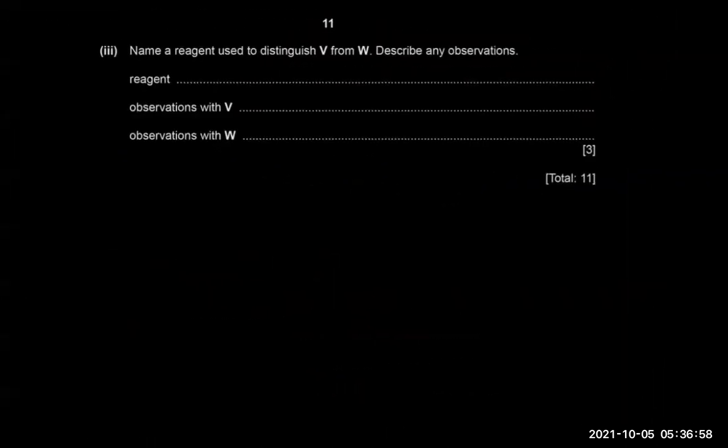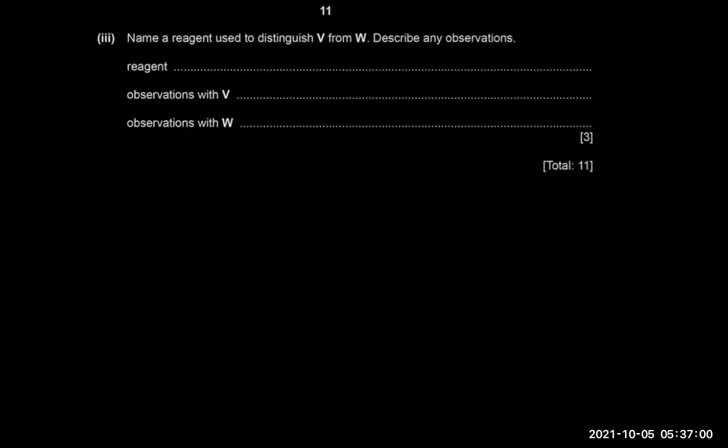So you can use any one of these two reagents. Let's use acidified dichromate, Cr2O7 2 minus. Observations with V, the primary alcohol: we go from orange to green, right? And with the tertiary alcohol, no change, or you can say it remains orange.